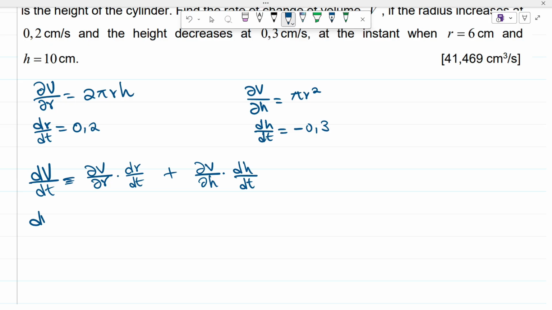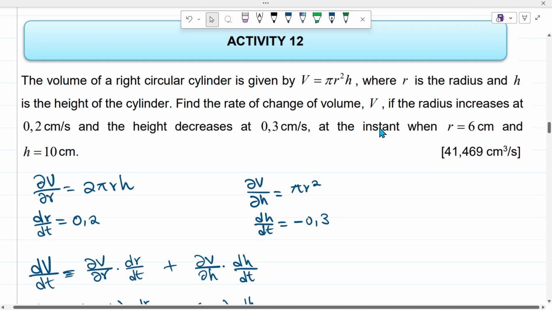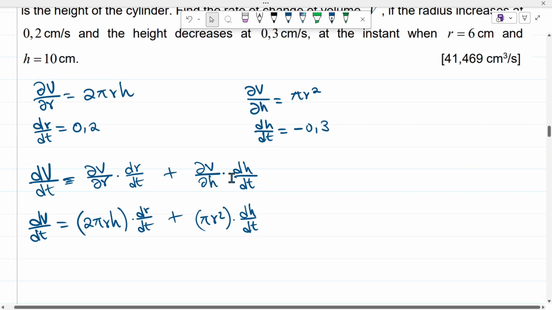So the rate of change of volume is equivalent to, we just substitute 2 pi r h multiplied by dr/dt, plus this is going to be pi r squared multiplied by dh/dt. Let's not forget that we're told that r is equivalent to 6 and height is equivalent to 10.